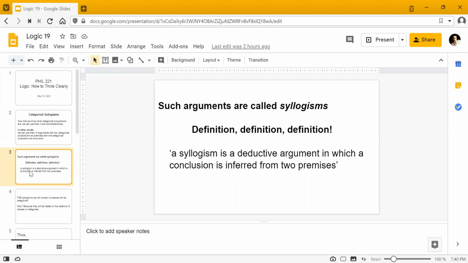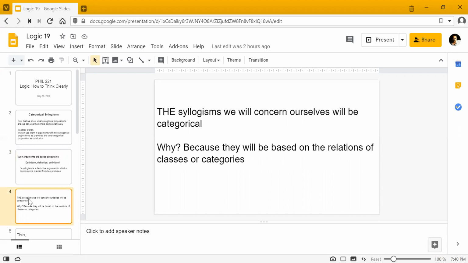Syllogisms are a form of argument, a deductive one, in which a conclusion is inferred from only two premises. So you have three propositions, two of them are the premises, and the third one is the conclusion.